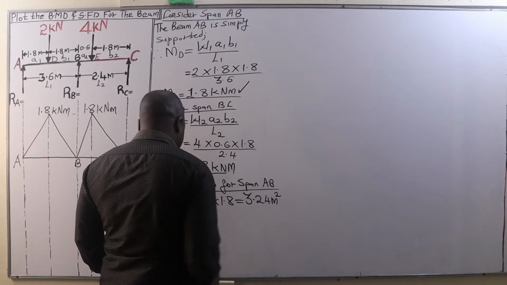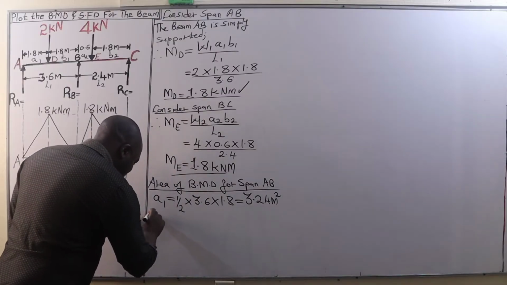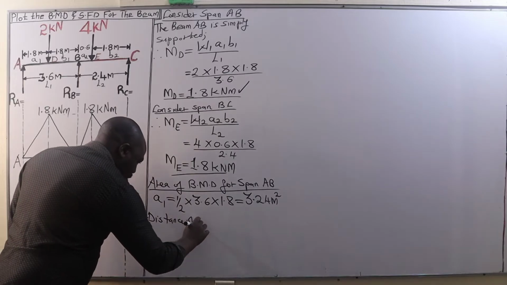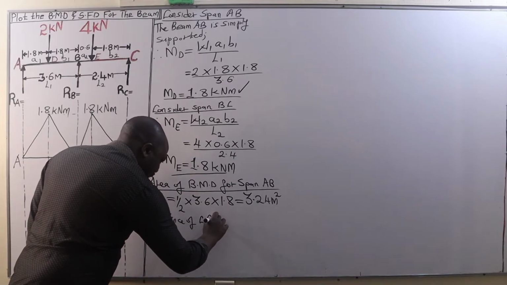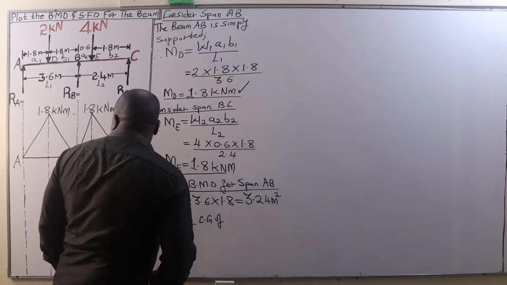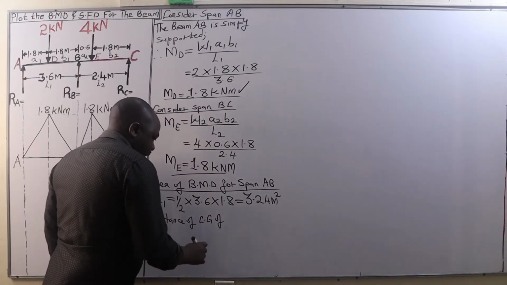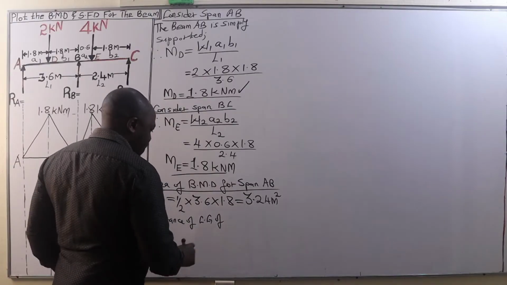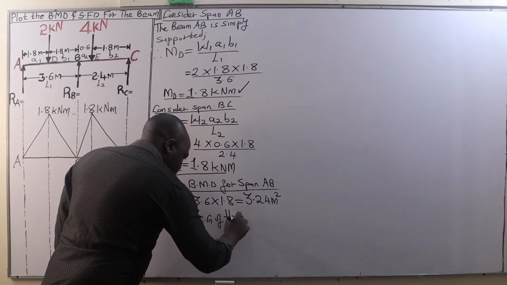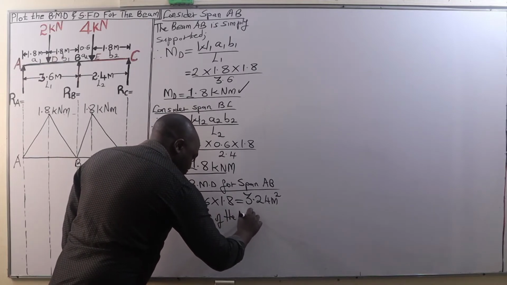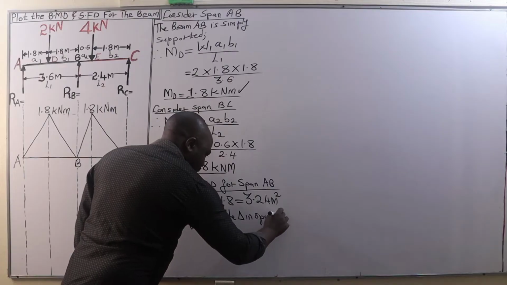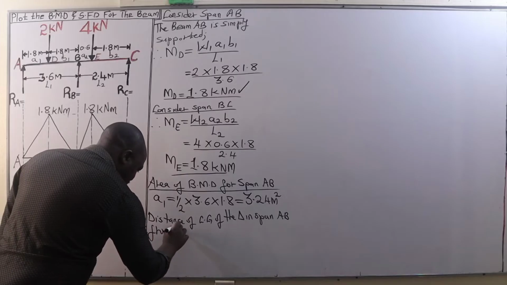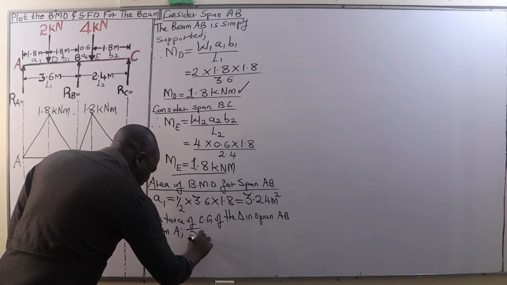Then we determine the distance of the center of gravity of the triangle in span AB from A, and that is bar x1.